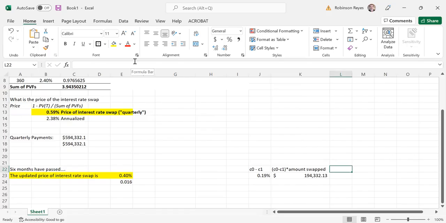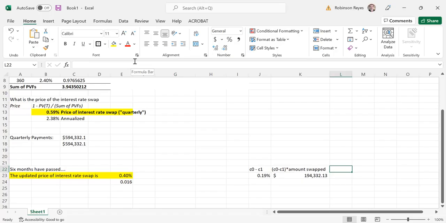So we have basically 4 quarters, and we are getting these 4 payments, quarterly payments, and therefore we need to bring these payments to present value. Why? Because we are going to receive $194,000 over the next quarters, and basically the value, what we can consider the value, is just adding those. So 4 quarters times 194,000, then that would give us the value of our swap.